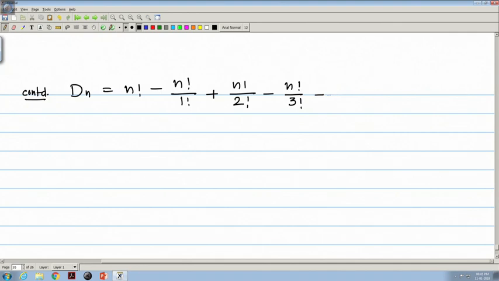In this way, if I go on, then minus 1 to the power n, n factorial by n factorial.